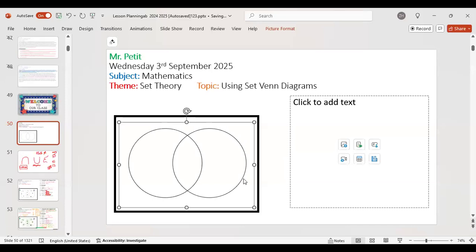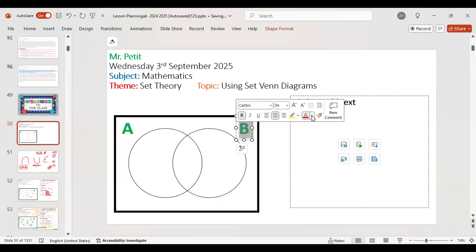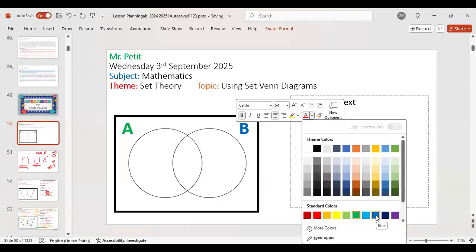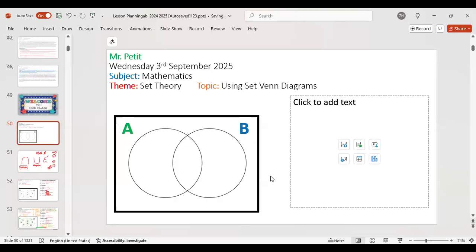Because some of them won't have common elements, they'll just be two separate bubbles, so they'll have two separate things in them and none that they share. Very good. So we call that a disjoint set. So a disjoint set is going to be like Genesis said, where there are no common elements, so they don't overlap. So they don't always have to overlap, but in these ones that we're doing, for now, they are overlapping. So make sure they're overlapping.